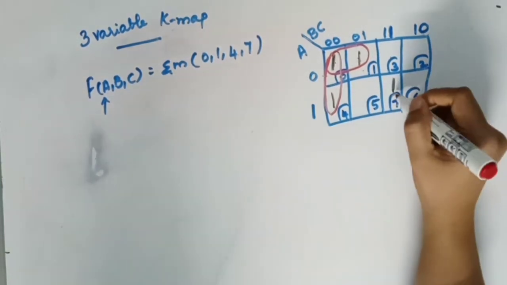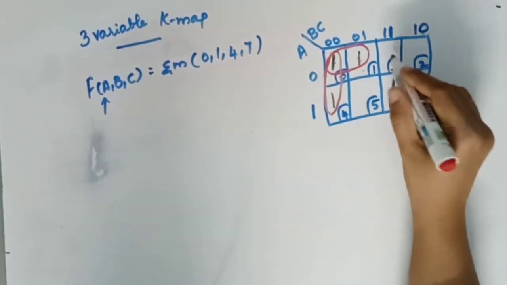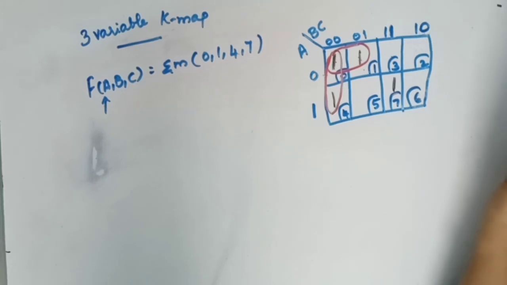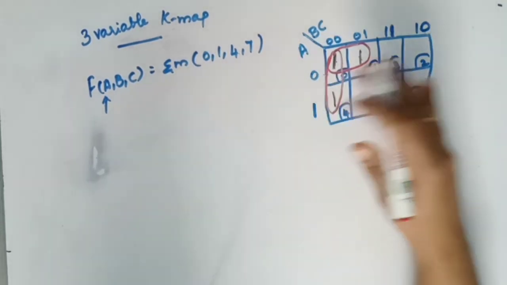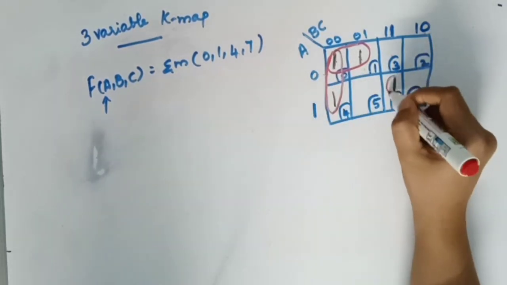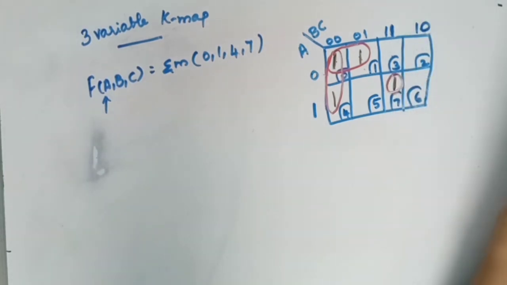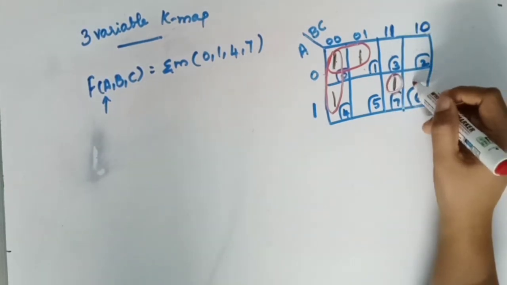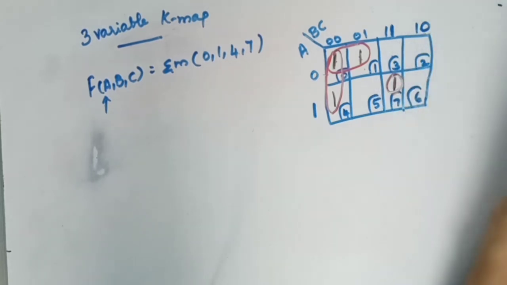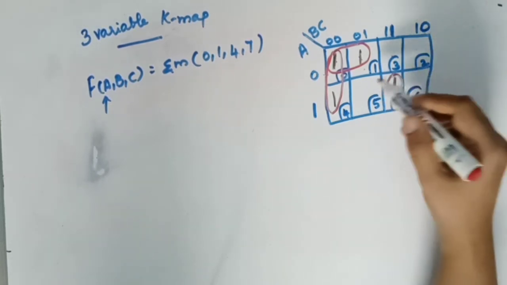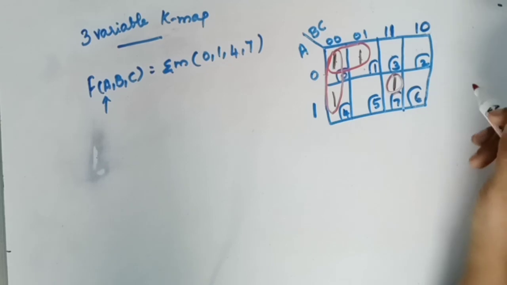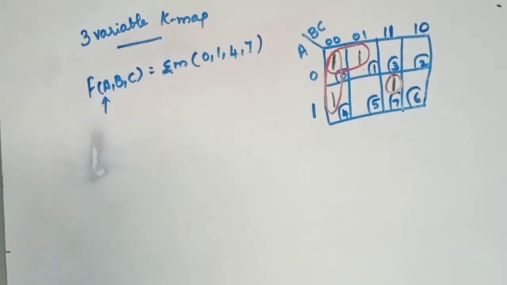And for this 7, you don't have any adjacent ones. So you can't group it with any adjacent ones. So you can group it only as a single one. You don't have a 1 and 6 or 5 or 3. So you can't group it with an adjacent one. So you are grouping it alone.